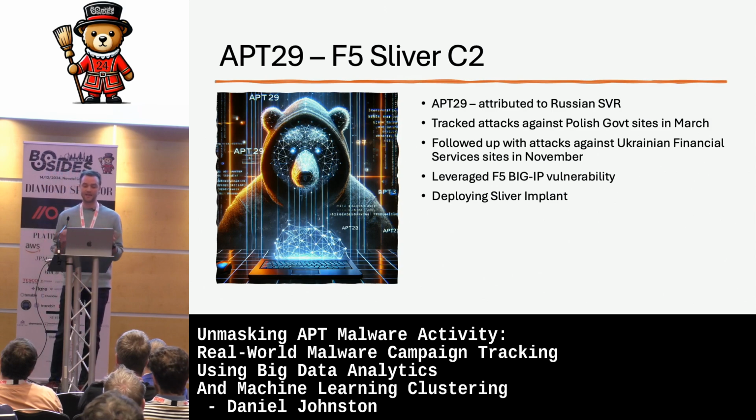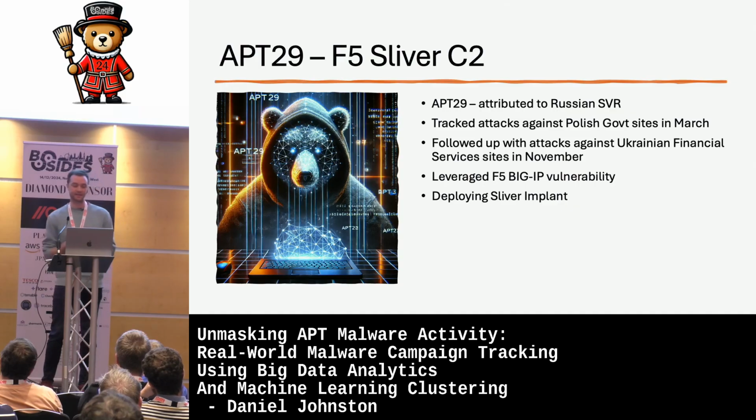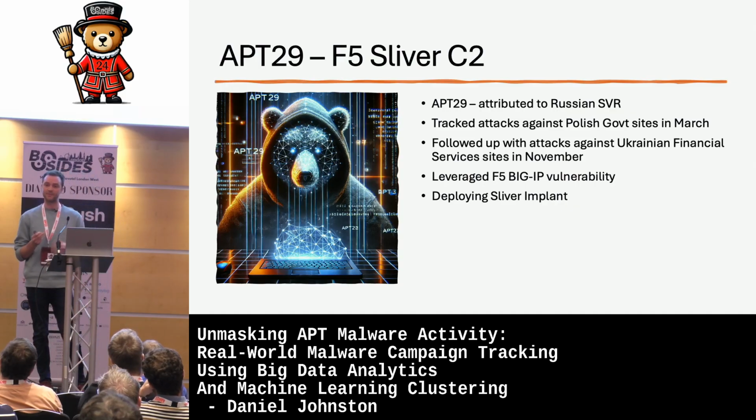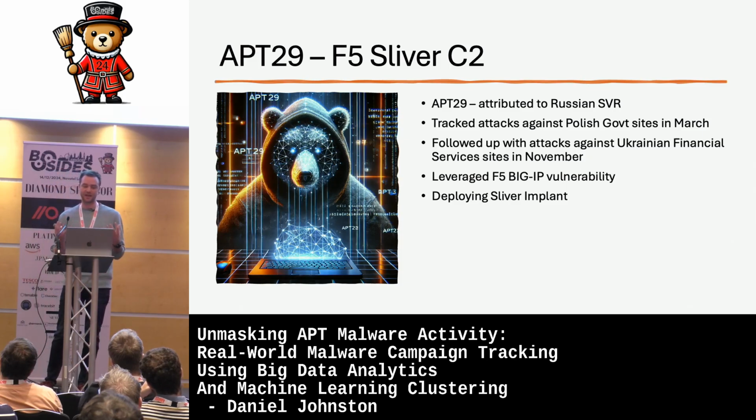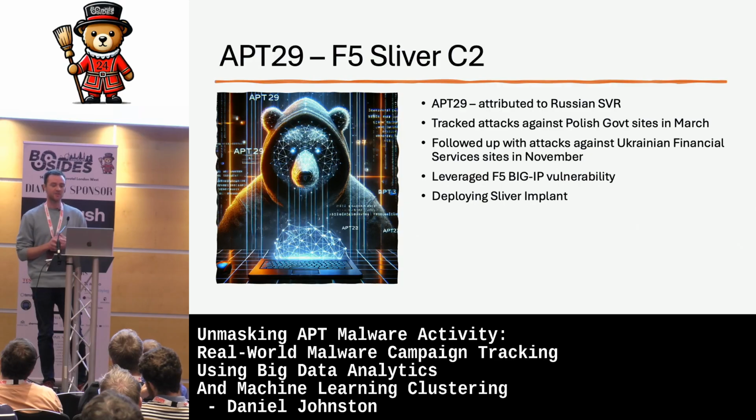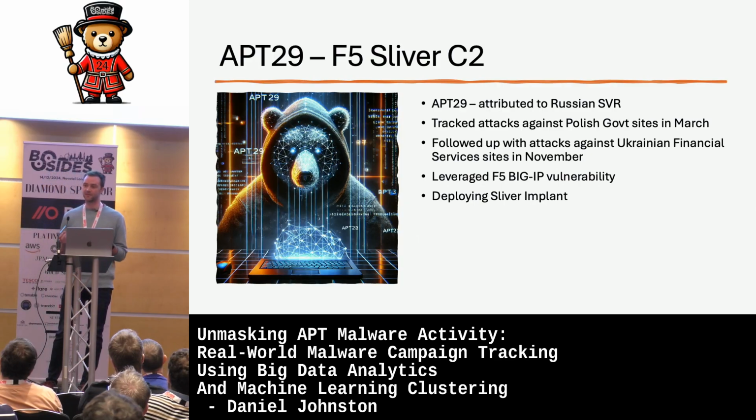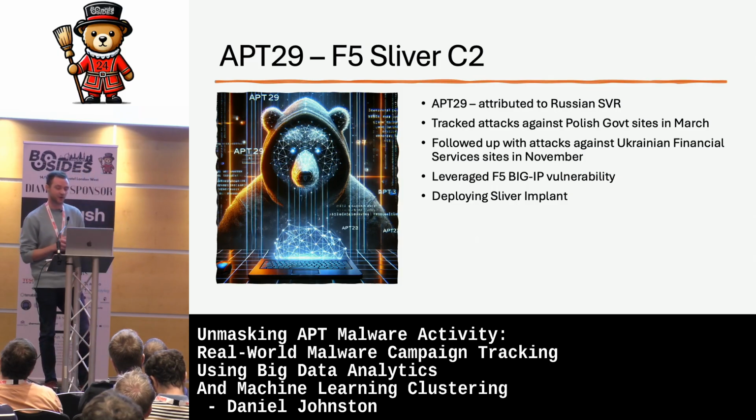The activity that we actually observed was some very targeted and coordinated attacks against Polish government websites back in March. What they were trying to do is leverage a vulnerability in F5 BIG-IP, their load balancer solution, to deploy a Sliver implant. For those of you who are unfamiliar with what Sliver is, it's essentially an open source alternative to Cobalt Strike.